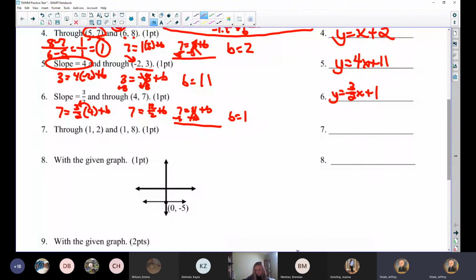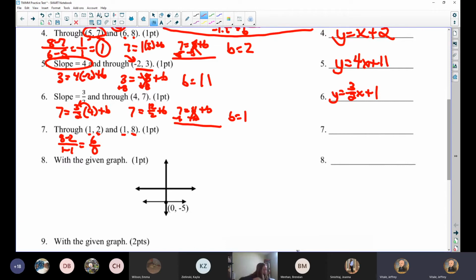Plowing right through this. All right, now we got 2 points again. So we're going to find the slope first. Watch what happens. 8 minus 2. That's your y2 minus y1. And 1 minus 1. I get 6/0. Uh-oh. Who remembers what happens here? What happens when we have a 0 in the denominator?